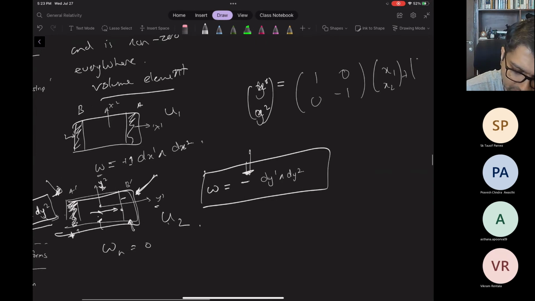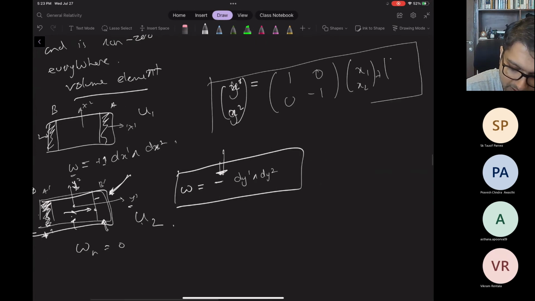This was the coordinate transformation in the region of B and B prime. So now what I want to do is calculate dy1 wedge dy2, and that will be exactly the same determinant.